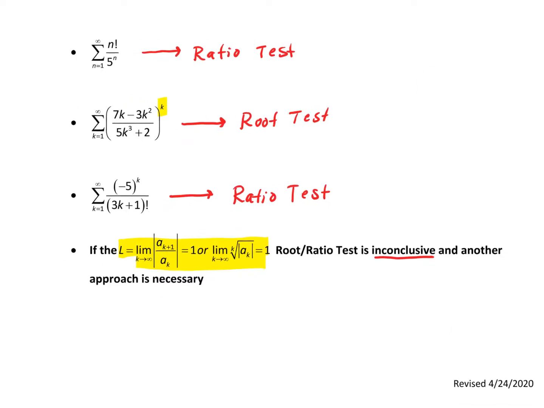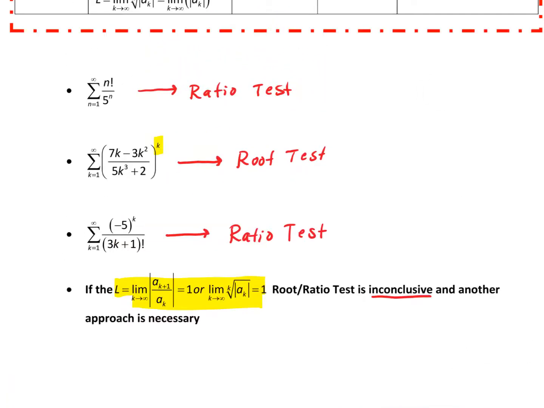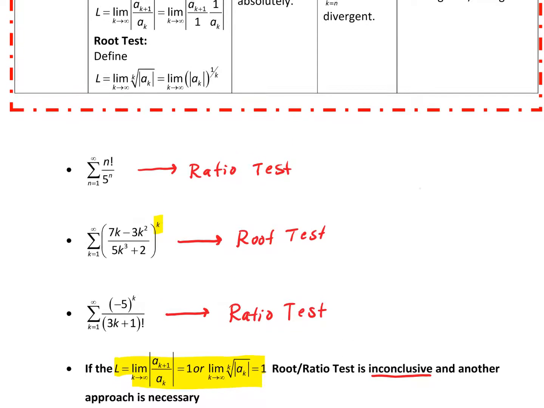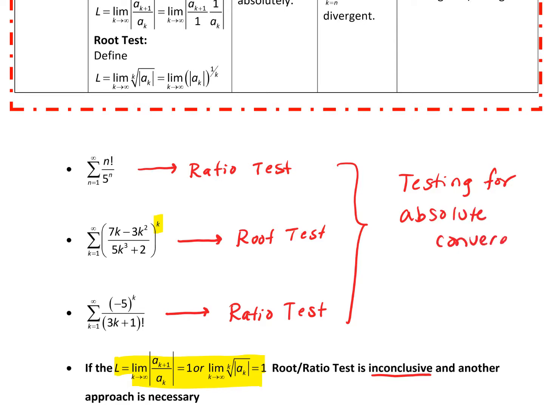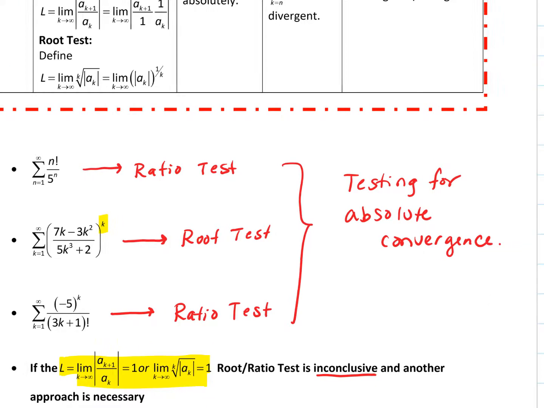Also remember that these tests themselves test for absolute convergence. So if we're getting convergence here, it is absolute convergence. That is the definition of the ratio and the root test.